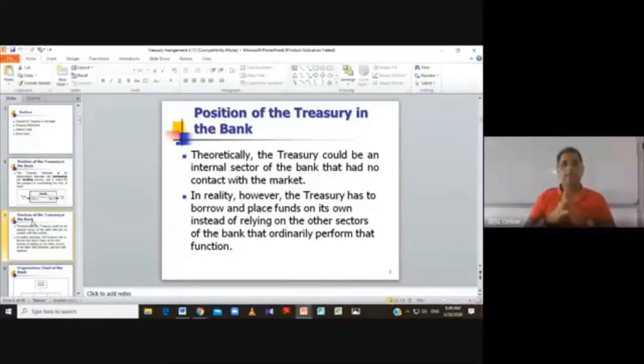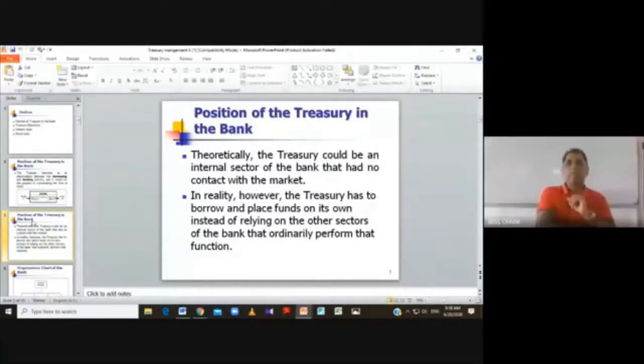But in reality, the treasury guys can also decide on the best way of deploying the funds they receive and the best way of raising the funds they would like to deploy. What do I mean by that? If the treasury function can decide the best ways of generating money and the best ways of deploying money, what does that mean?